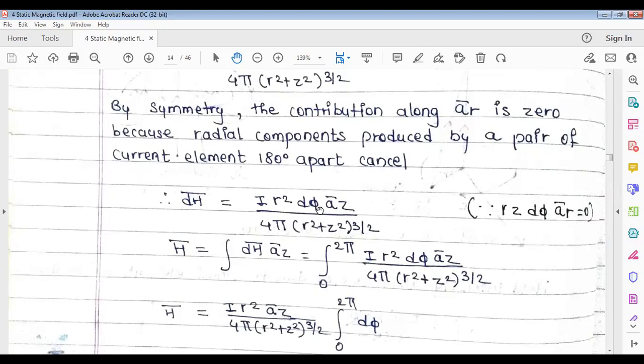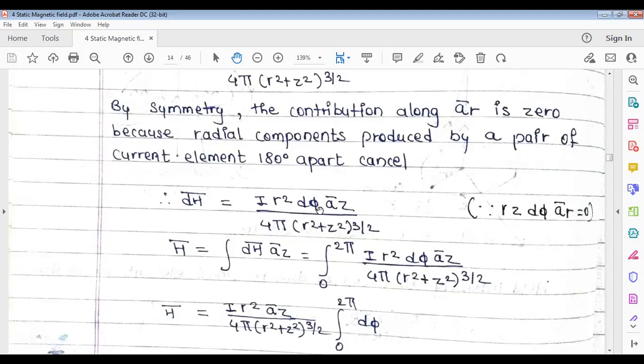How is the angle phi varying in the cylindrical coordinate system? 0 to 2 pi.